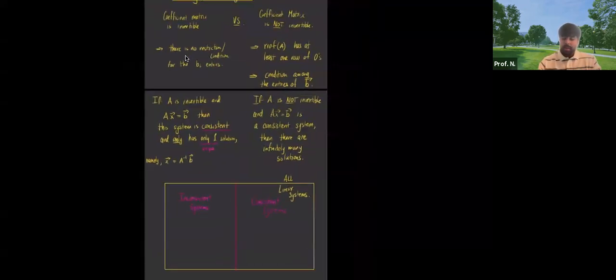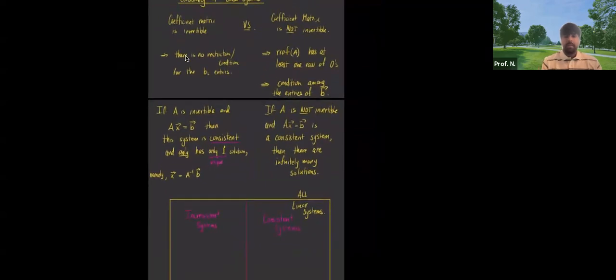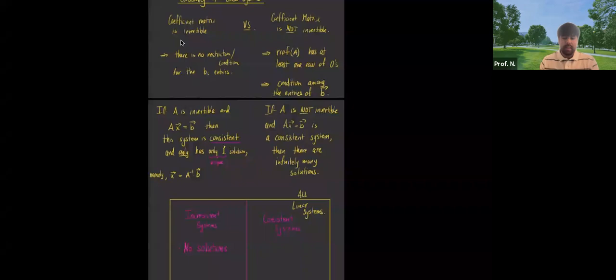So either we have inconsistent or consistent systems. Inconsistent means no solution, so there's a whole bunch of systems that have no solutions. They're categorized in two varieties, inconsistent or consistent.